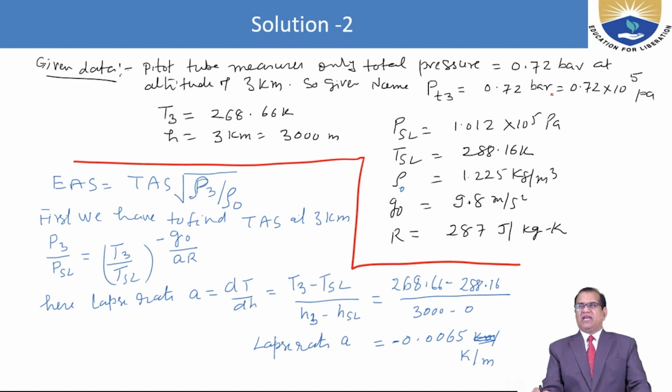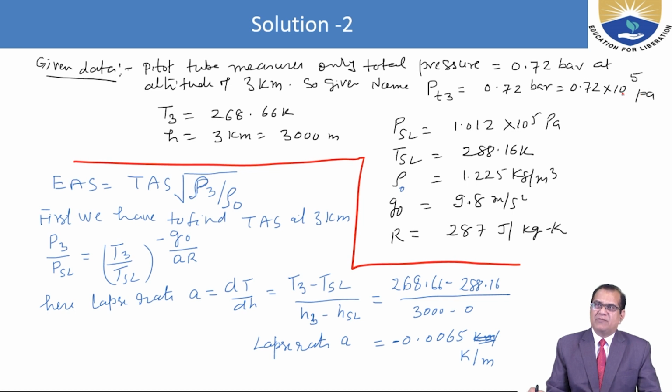We multiply by 10 to the power 5 to make it Newton per meter square or Pascal, so 0.72 into 10 to the power 5 Pascal. Pressure at sea level is 1.012 into 10 to the power 5 Pascal. Temperature at sea level is 288.16 Kelvin. Density at sea level, rho naught, is 1.225 kg per meter cube.